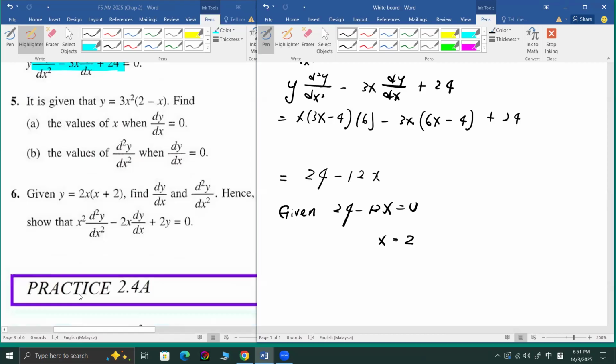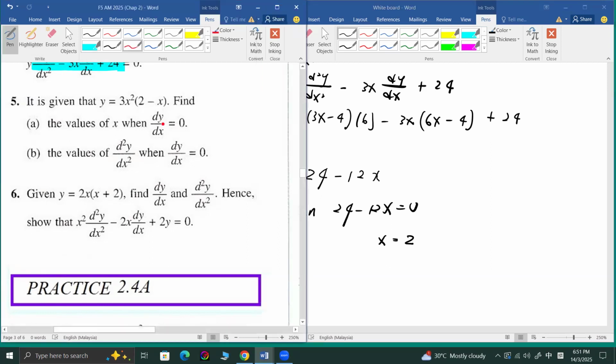Okay, you try one question and see. It is given that this UV method, or you can expand. This one, I think if you expand it will be easier. Find the values of x when dy dx is 0. So class, remember, next time I'll keep asking these questions. When dy dx is 0, it is for you to find x.